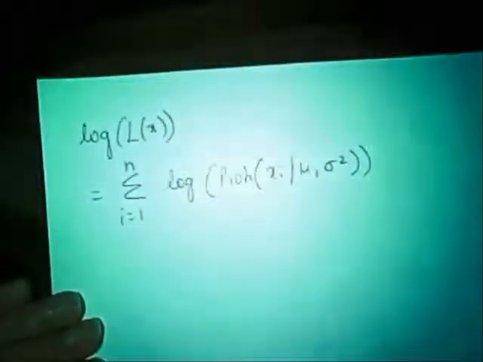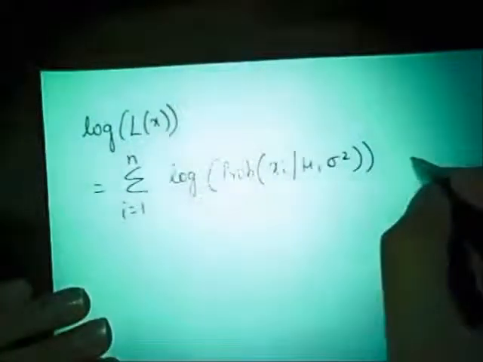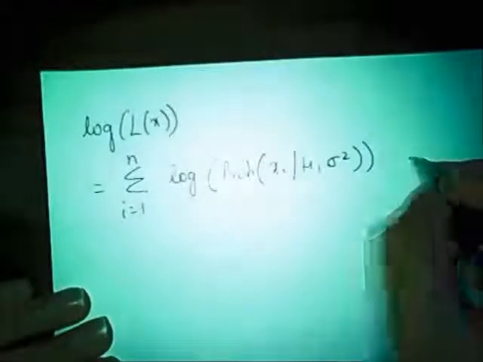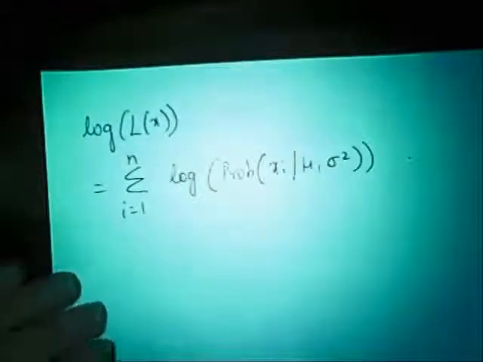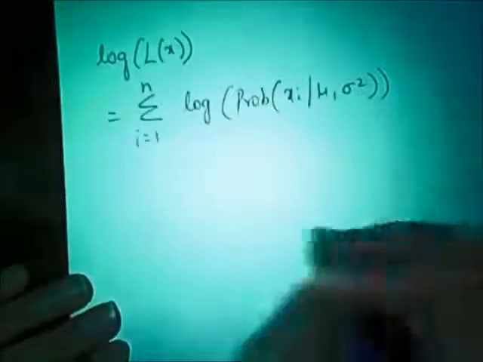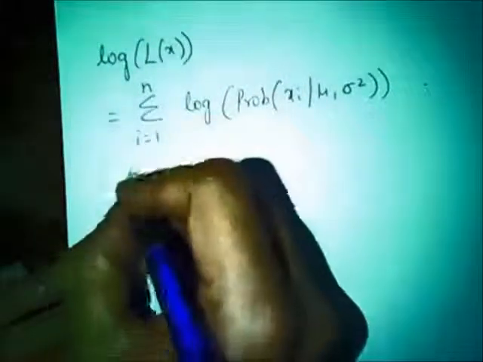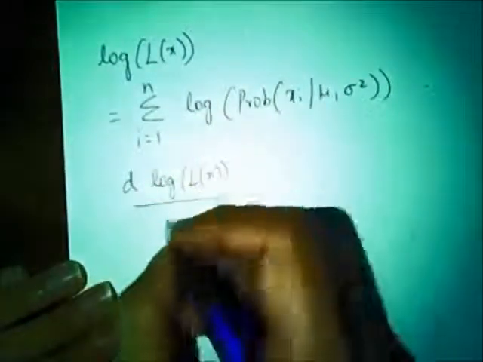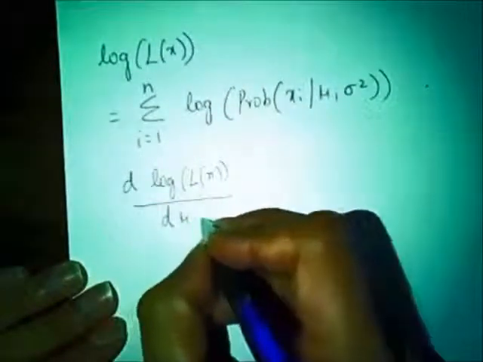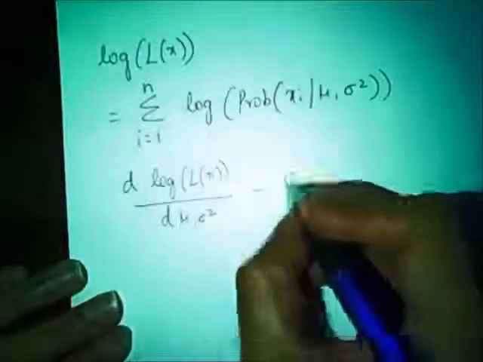And we are going to equate the log of this function to 0, right? We want to, sorry, not the log of this function, but the derivative of the log of this function to 0. So once we have the log likelihood, we are going to take the derivative of the log likelihood over the parameters, and we are going to set it to 0.